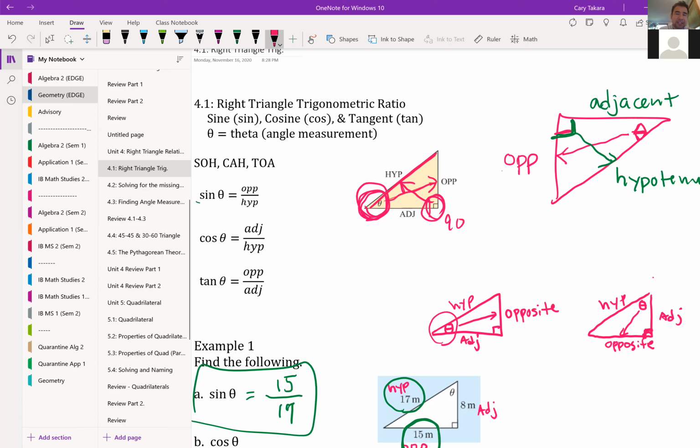So this is the hypotenuse. And once you identify opposite and hypotenuse, then the third side is going to be adjacent. And you need to be able to do that.